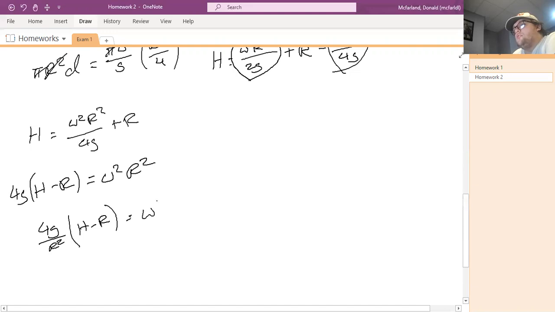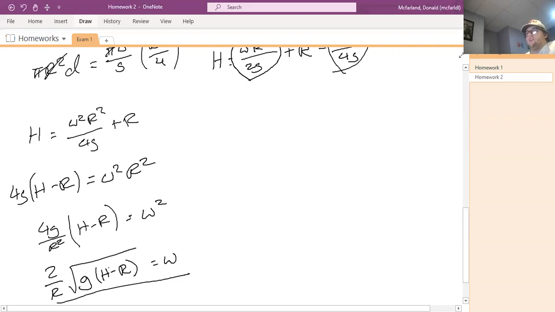This brings us to our final step of square rooting omega squared to give us our angular velocity, and then square rooting this side. So this will leave us with 2 over R times the square root of gravity times the height of the cup minus the radius of the cup. This is going to be equal to omega.